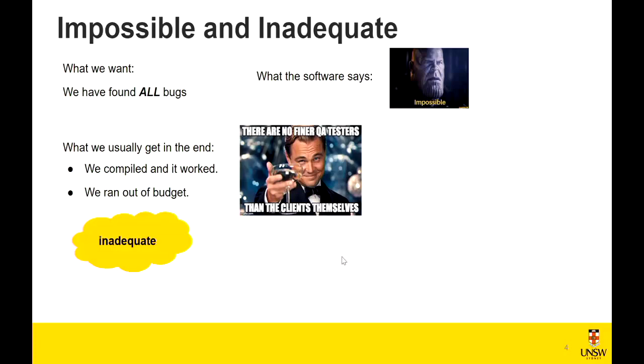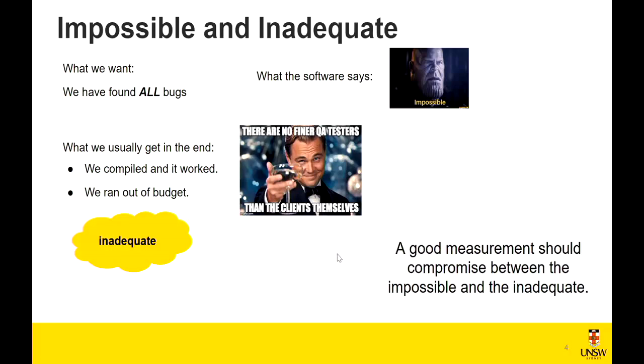And this is inadequate. So you can see the ideal case is impossible. But most of the time, if we don't have a very good design, we will get inadequate tests. So a good measurement of testing adequacy should compromise between impossible and inadequate.